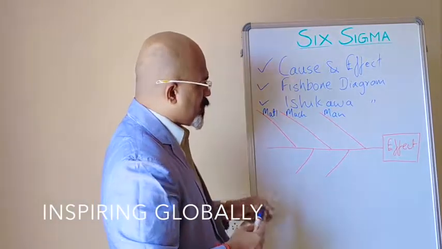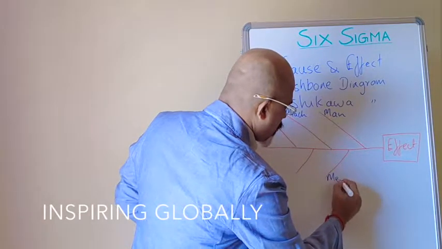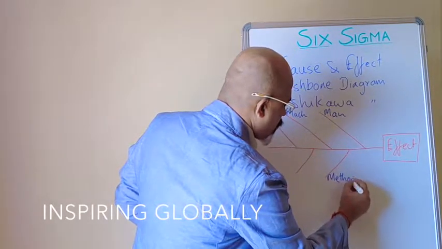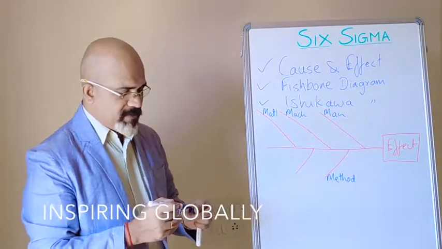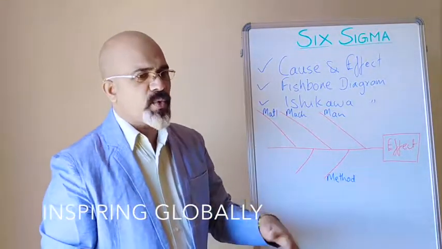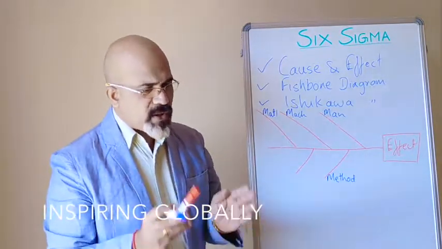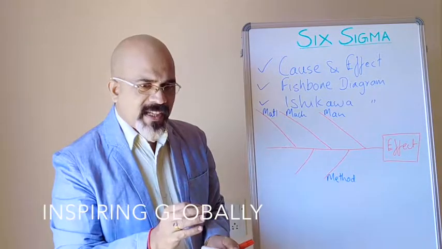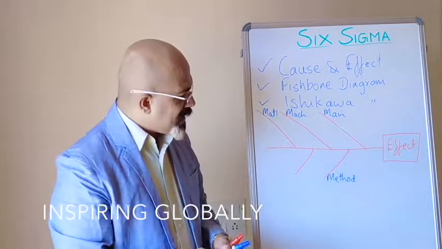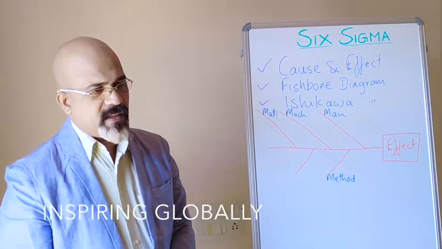Similarly, you can also put method. Method means doing it in a different way. The person A and B are doing it in a different way, and they are both doing it perfectly, but just because of a different method, it is giving you a different result.